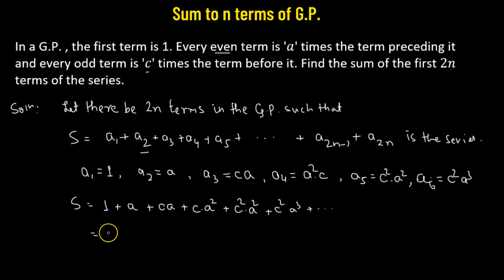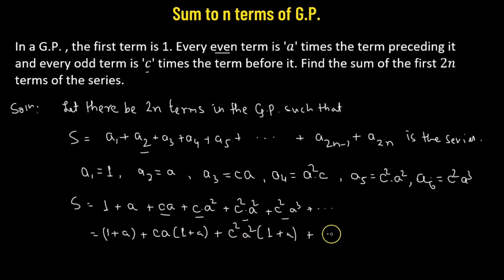Now we have 1 plus a, combining the first term and the second term. Then we combine the third term and the fourth term by taking c times a as the common factor, so we have 1 plus a multiplied to it. Then we combine the fifth and the sixth term by taking c squared times a squared as the common factor, and this gets multiplied to 1 plus a.